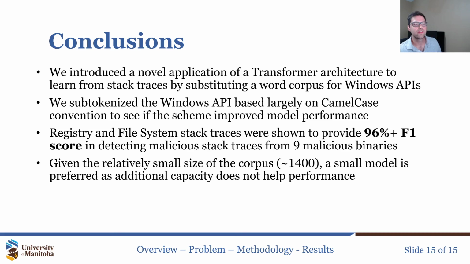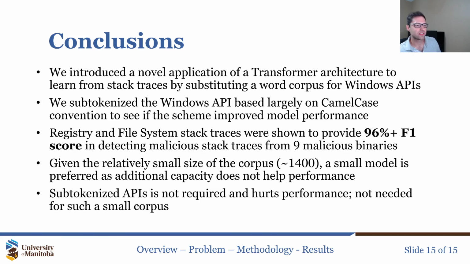Given the relatively small size of the corpus, about 1,400 or so, a small model is actually preferred, as additional capacity does not help performance and potentially could prove worse if we add too much capacity, because we won't be able to generalize well.